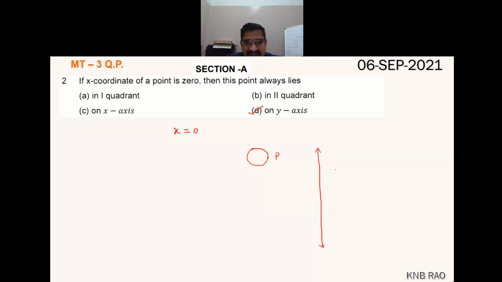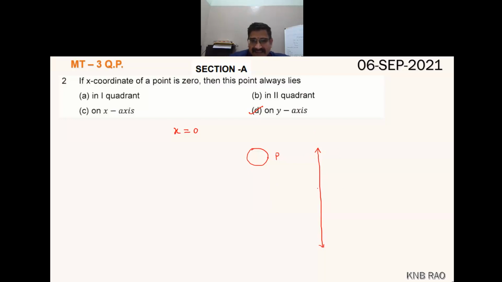Even y-axis divides the plane into how many parts? Circle is dividing the plane into 2 parts, interior and exterior, and another third part, if at all I say, it is on the boundary. Similarly, this straight line divides the plane into 2 parts, one left side, another right side. If I say third, that is on the line itself.